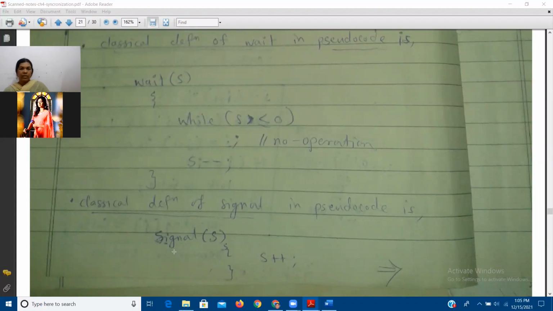In wait operation, the semaphore variable is decremented, and in case of signal operation, it is incremented. May I go ahead? Yes, students, why are you not responding?